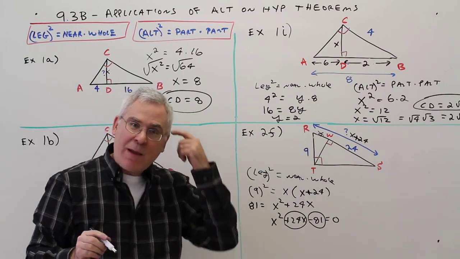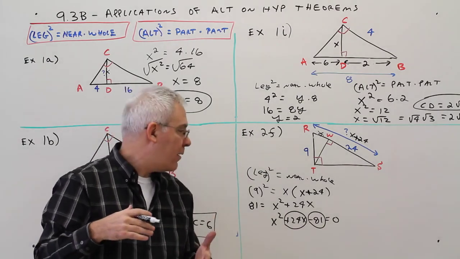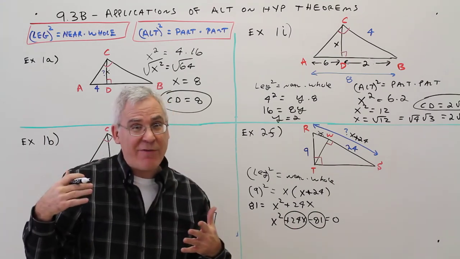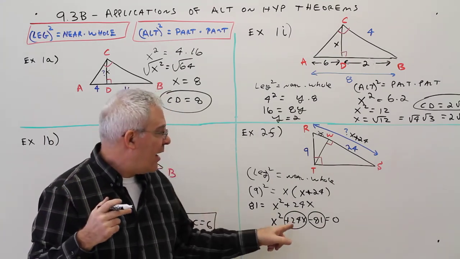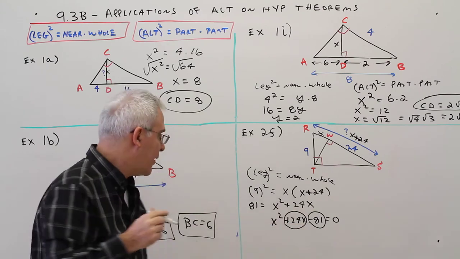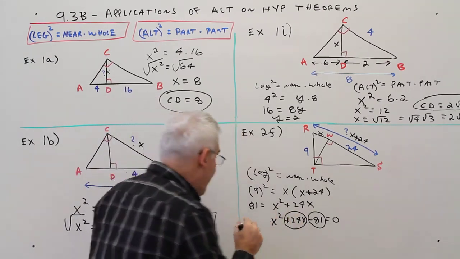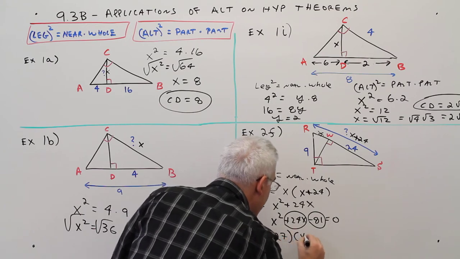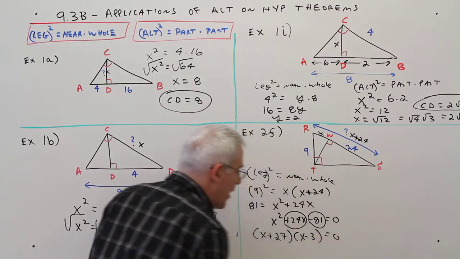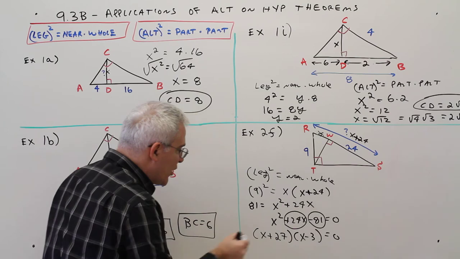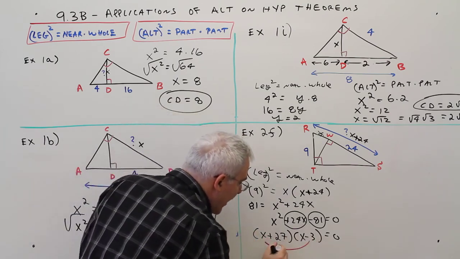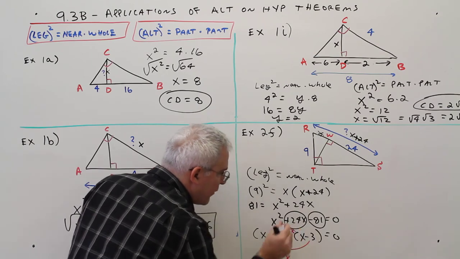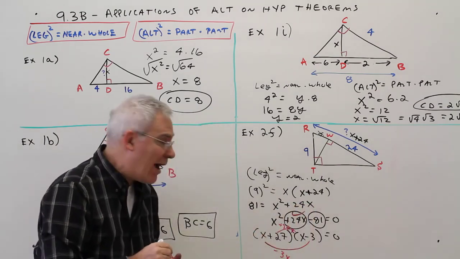So 81 I happen to know is 3 by 3 by 3 by 3, or 3 by 27 is something that I can figure out easily, and 3 and 27 will work out nicely. So it's going to have to be a mixture of signs. So x plus 27 times x minus 3 equals 0. We could do our OI check. That's a minus 3x. That's a plus 27x. And that does sum to 24x.